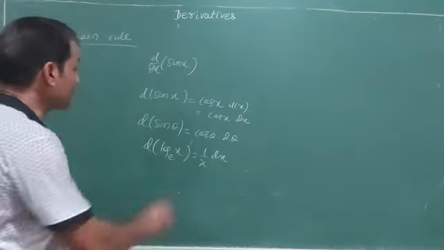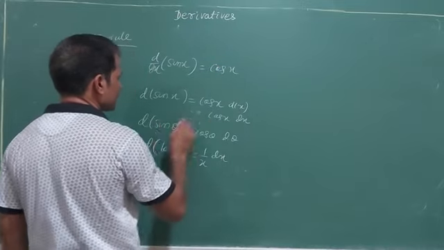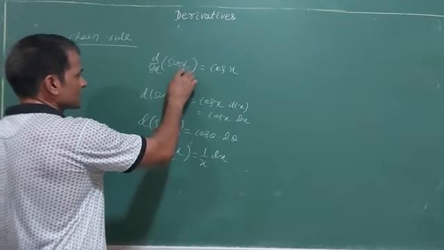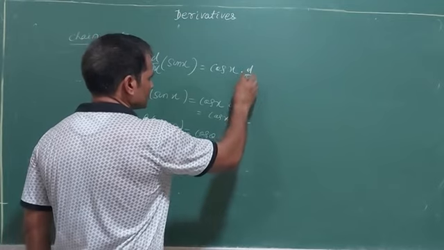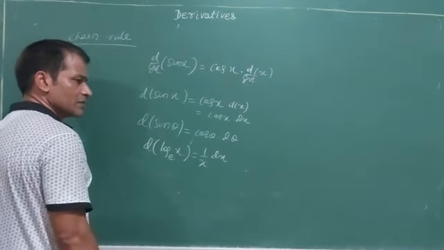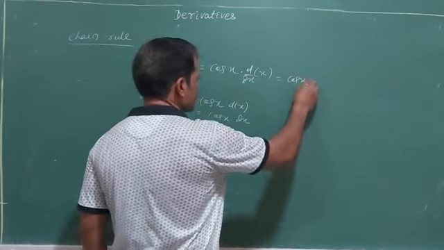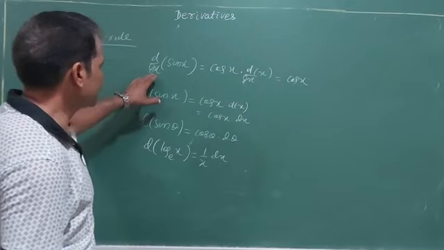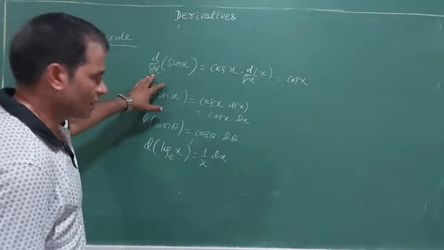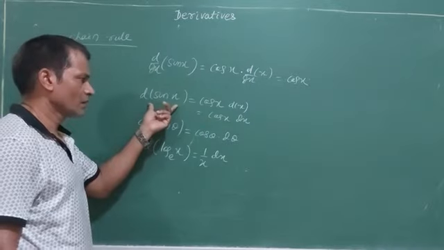So when I write d by dx, what happens here? Cos x, then d by dx of x, which is 1. So only I get cos x. Here I am finding the derivative with respect to x. So this is the answer.